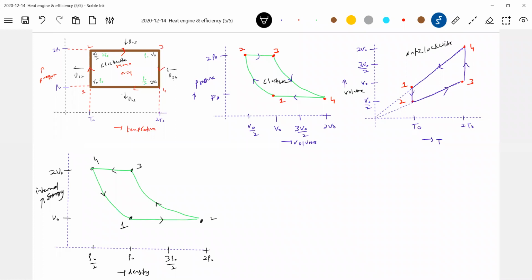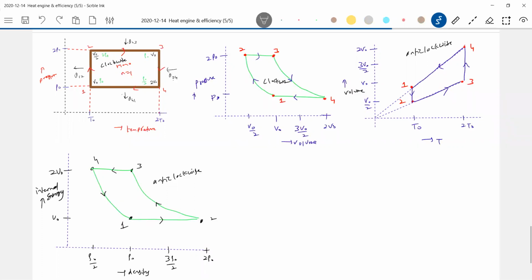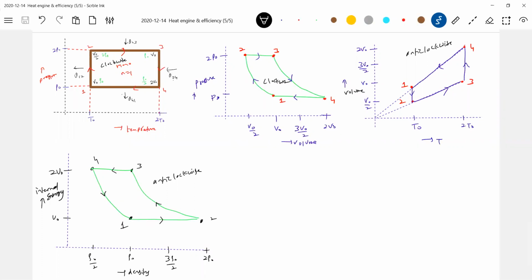At least make the observation. In a clockwise cyclic process the work done is positive, and in a counterclockwise process the work will be negative. In the VT graph and the internal energy graph, for an anti-clockwise cyclic process the work done will be negative. In the PV graph and PT graph, a clockwise cyclic process will be positive.